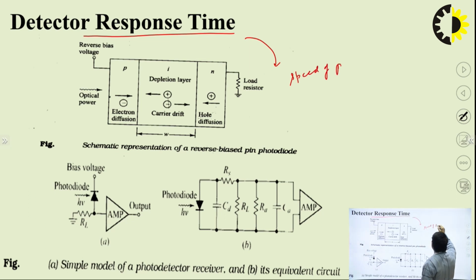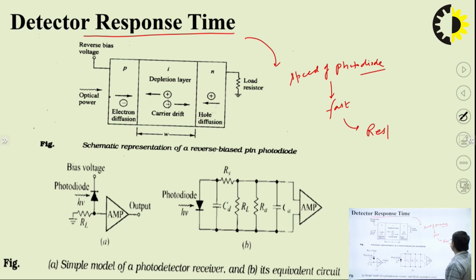The speed of the photodiode should be very fast, that is, response time should be minimum.